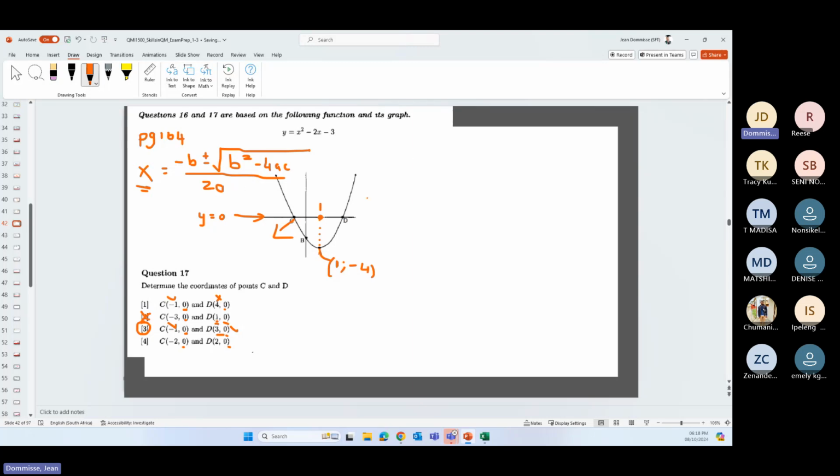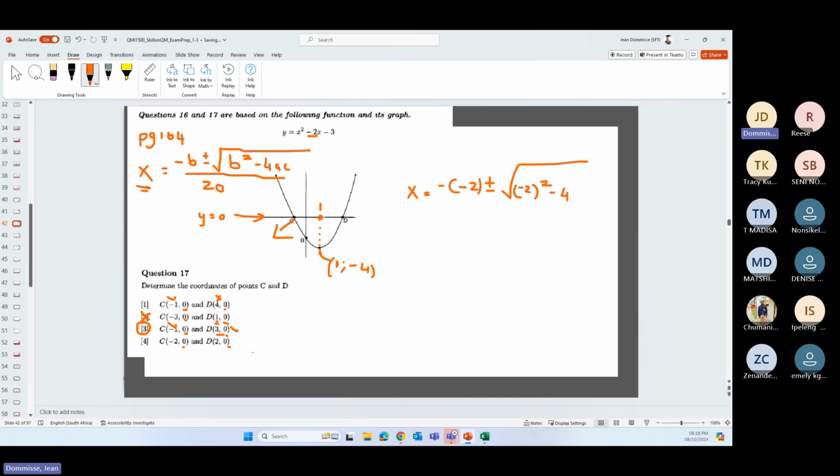We need to say x is equal to minus b. Remember that is b, so minus b is that, plus or minus the square root of minus 2 to the power of 2, so we will work that out now.